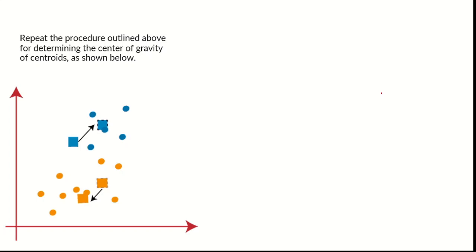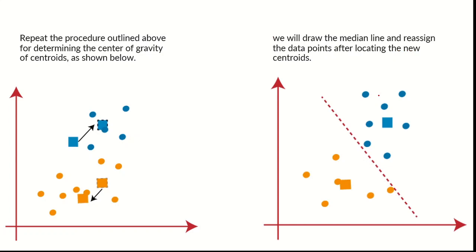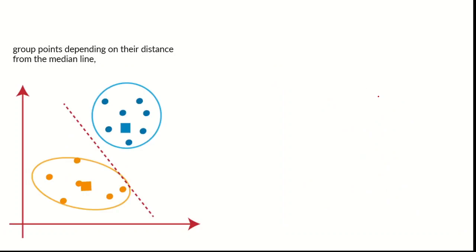Repeat the procedure outlined above for determining the center of gravity of the centroid as shown below. So we find the original position of the centroid, or we find a new position for the centroid. The centroid has been changed like this. And group the points depending on their distance from the median line.